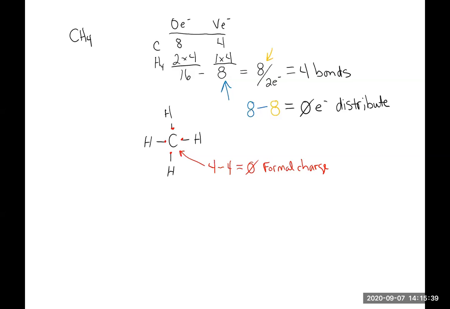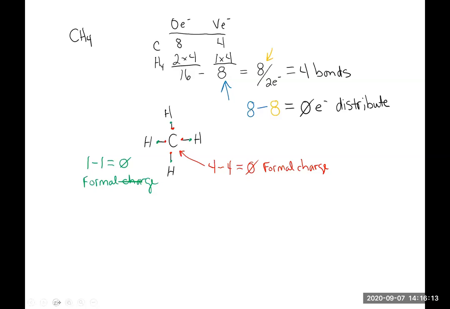Each hydrogen has 1 electron that's in direct contact with it. And as you know, hydrogen has a valence of 1 because it's in group, column, or family 1A. So 1 minus the 1 electron that's in direct contact with it gives us a formal charge of 0 for the hydrogens. And so this is a really good structure. That's our completed Lewis dot structure.